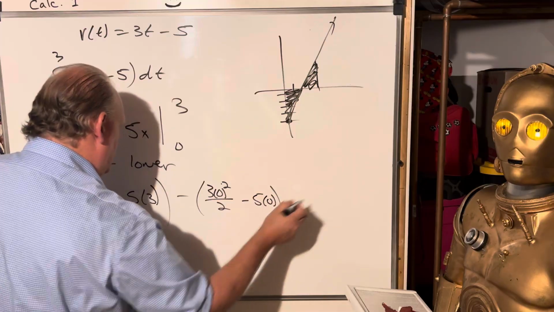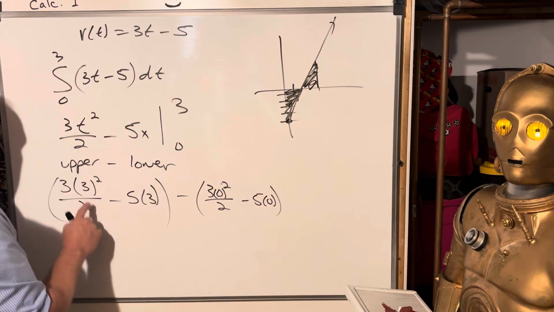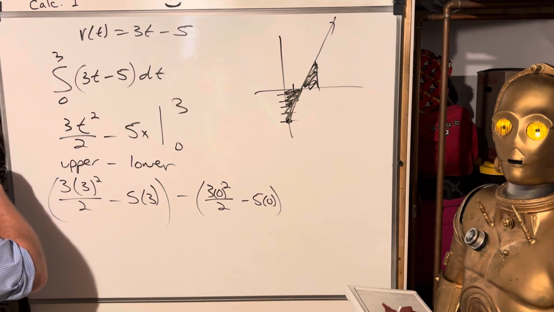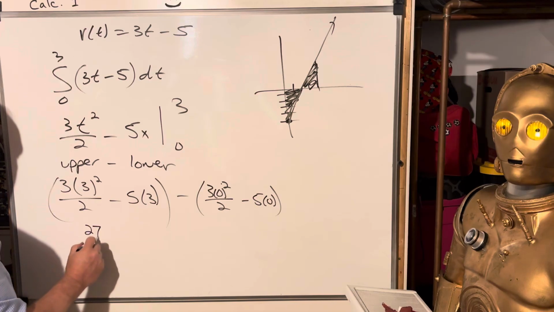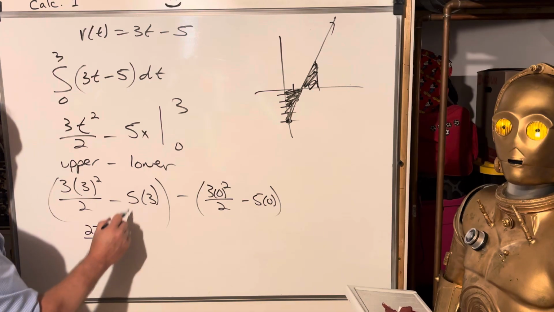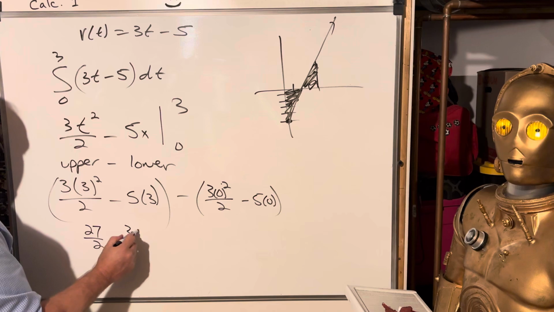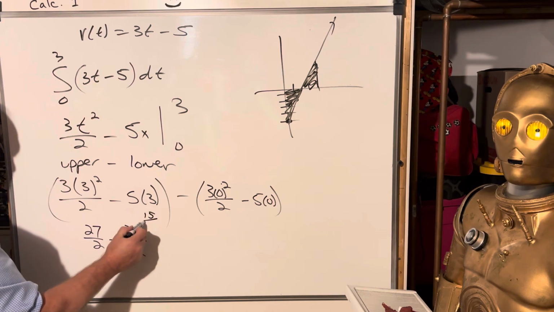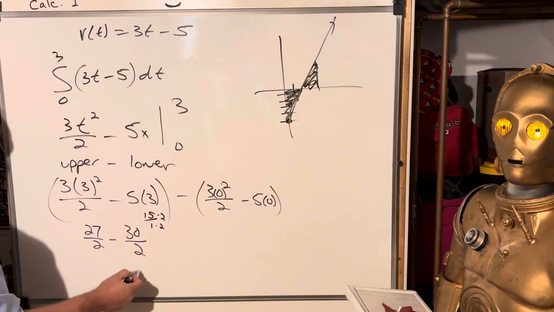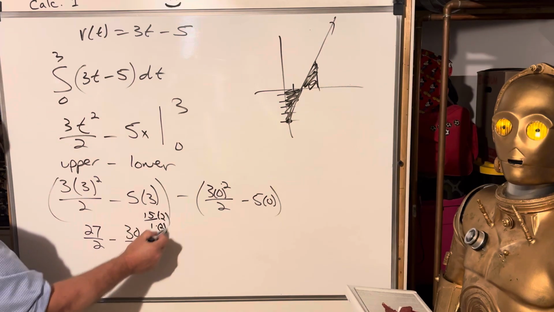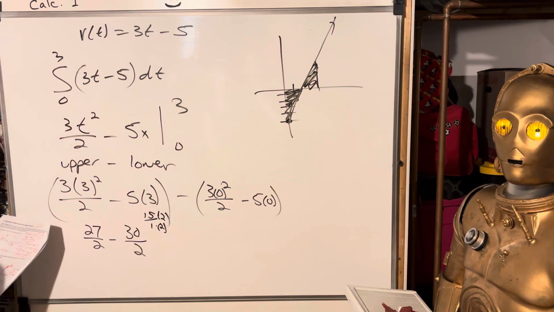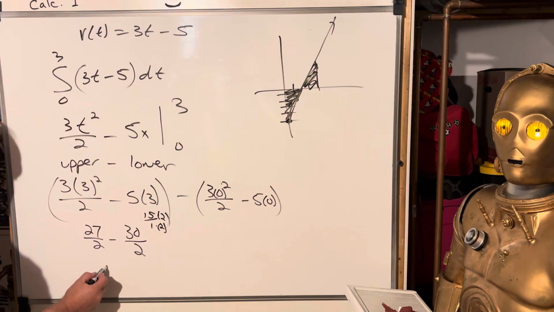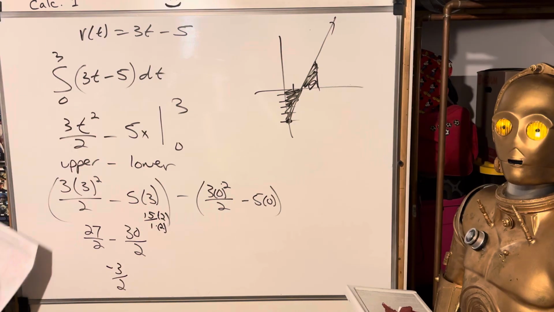That second part is just 0. So 27 halves minus 15, but let's call it 30 halves, 15 over 1 times 2. And then we end up with negative 3 halves.